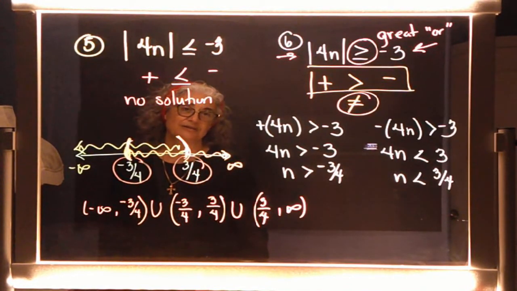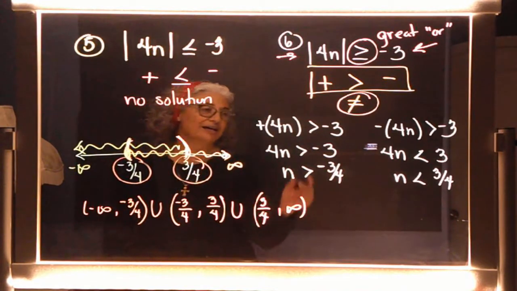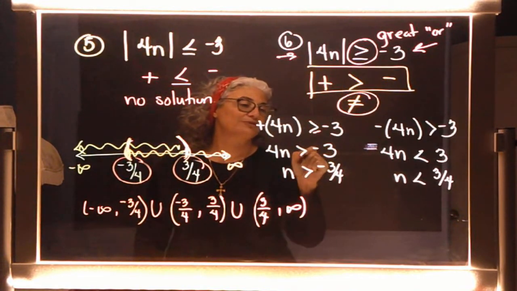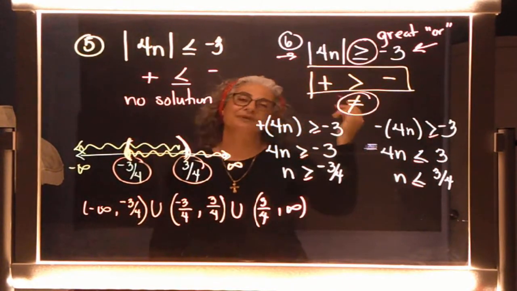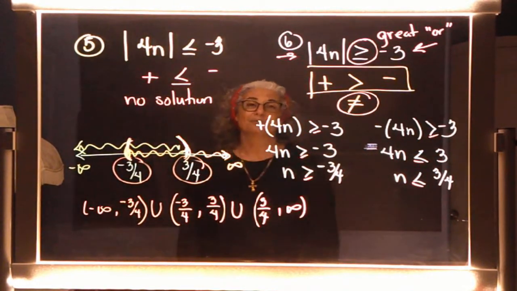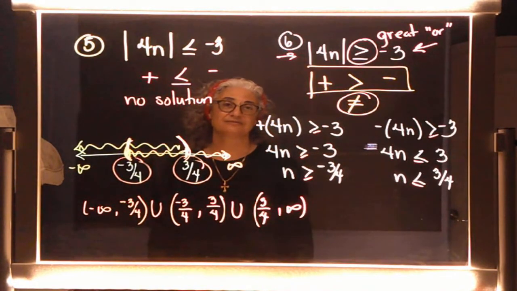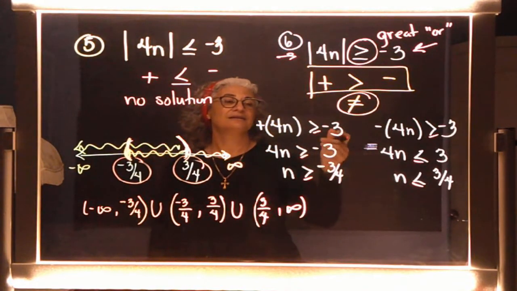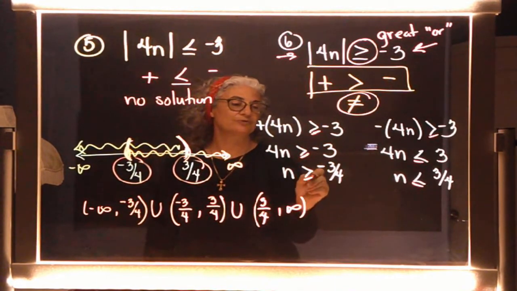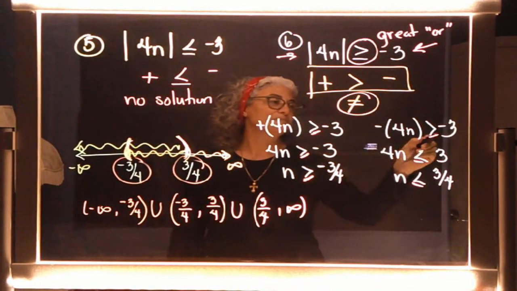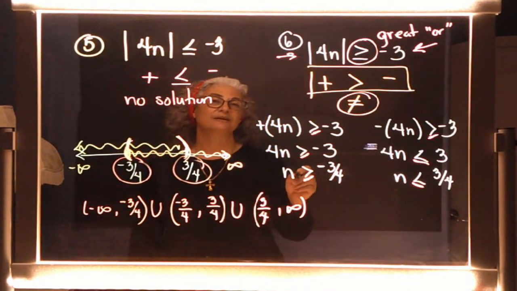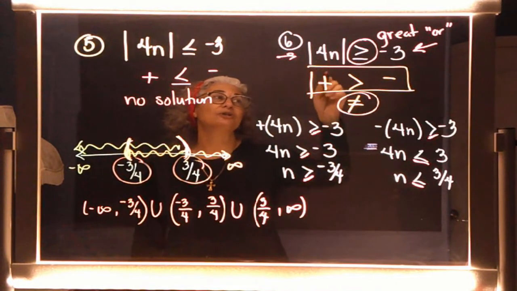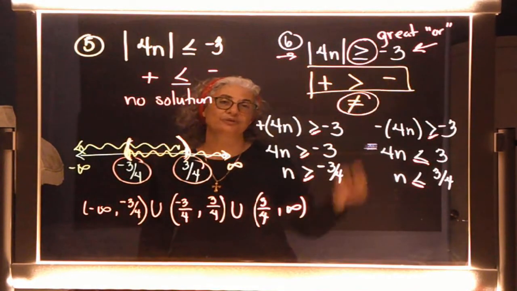Are you with me? It's basically that, because if I left the equal to sign in, that's where it would have been equal to, and it can't be equal to, because you can't have a positive number equaling a negative number. Again, this was greater than or equal to, so had I left the equal to sign in there, I could see that that is where my n, my number, would have made this equal to a negative 3.